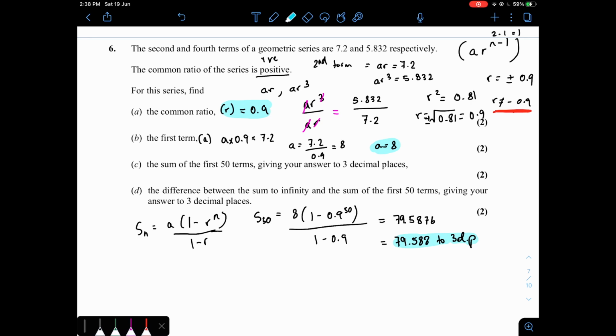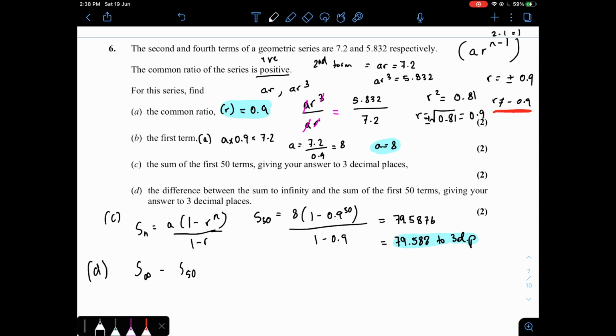Now they want the difference between the sum to infinity and the sum of the first 50 terms, giving your answer to 3 decimal places. So they want the difference between S infinity and S50. What is S infinity?